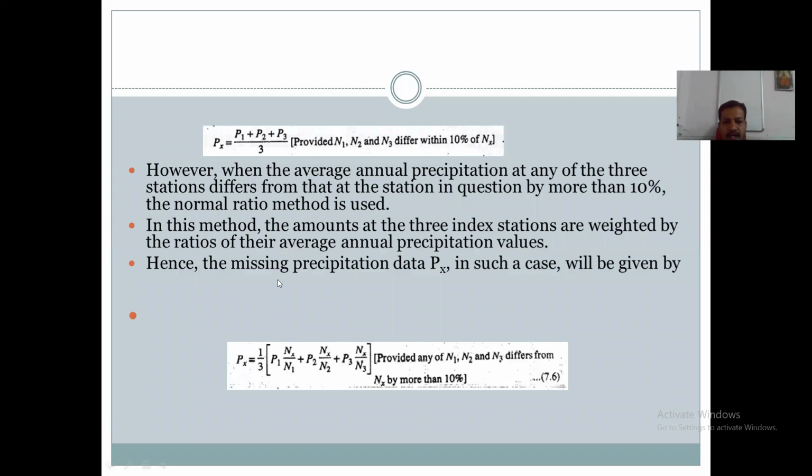So the value of the missing station Px is calculated by these ratios, the ratio of the average annual rainfall. The equation is given by Px is equal to 1 by 3 into bracket P1 into Nx by N1 plus P2 into Nx by N2 plus P3 into Nx by N3.